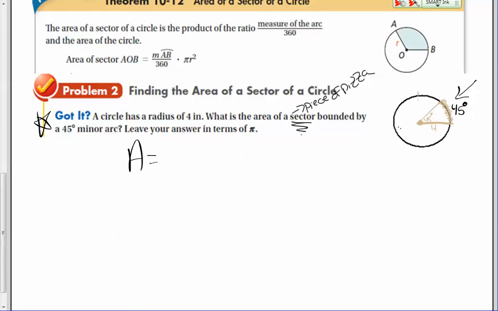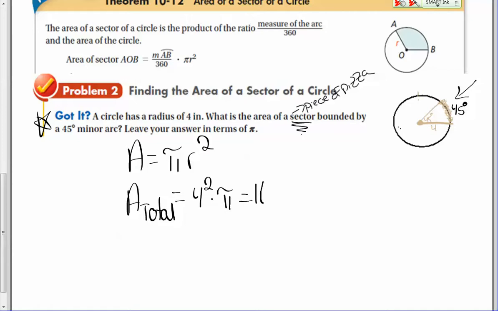So my area formula is pi r squared. So my area total is going to be pi times r squared. My radius is 4. So 4 squared times pi, which gives me 16 pi. So there's my total amount.